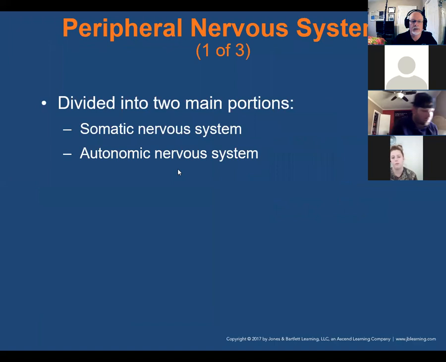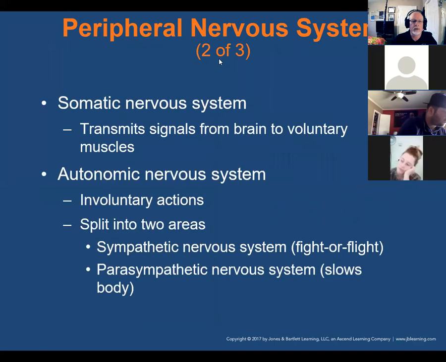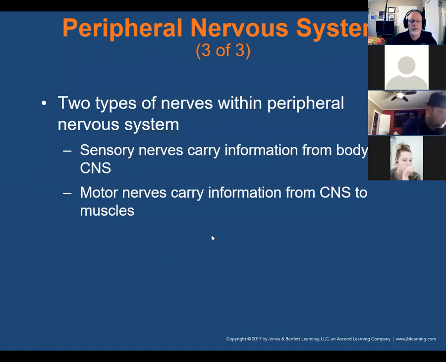Autonomic, your body does its thing without you having to control it. Sympathetics, fight or flight. Parasympathetic slows it down. That's rest and digest, if you want to think of it that way. Chills your body out. Sympathetic revs it up and gets it ready to do battle or compensate for shock if you've lost blood pressure.